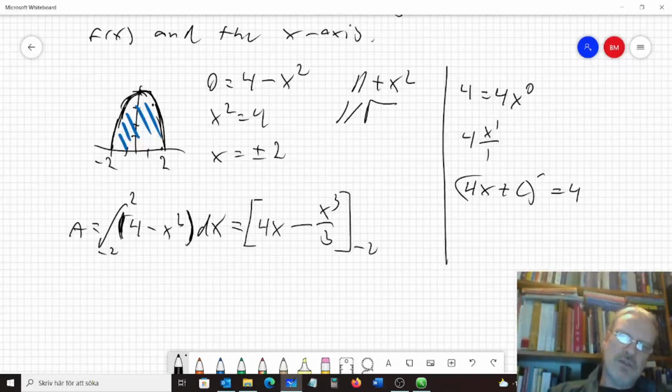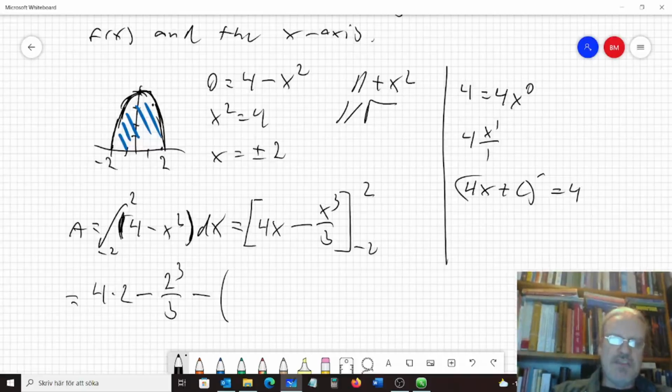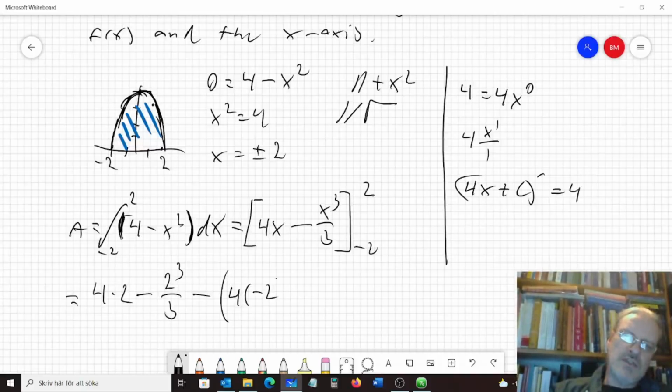From minus 2 to 2. And this will give us 4 times 2 minus 2 to the power 3 over 3, minus bracket. I suggest you always try to do this step by step instead of doing many steps at once. So 4 times minus 2 minus minus 2 to the power 3 over 3.